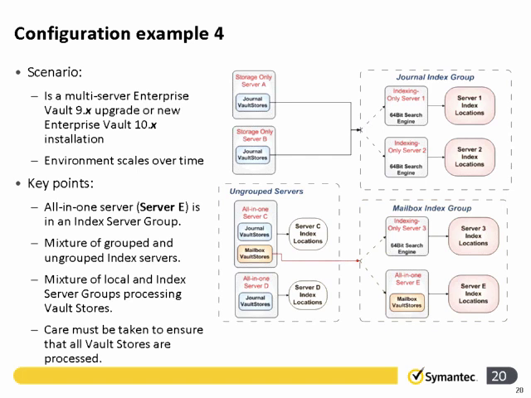However, in the bottom group, I have an additional all-in-one server for server C and D. The journal vault stores on both of those are going to go to a local index location. However, for the mailboxes, I'm going to take that particular vault store and associate it with the mailbox index group and use the 2 indexing only servers. Actually, that's indexing only servers 3 and E to go to the server 3 and server E locations.